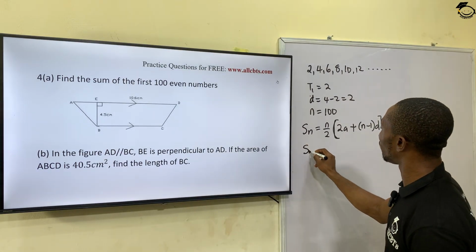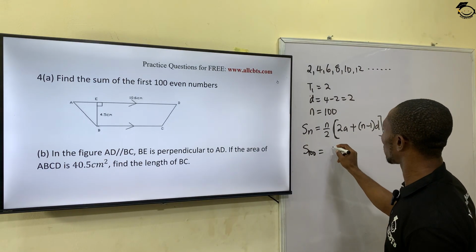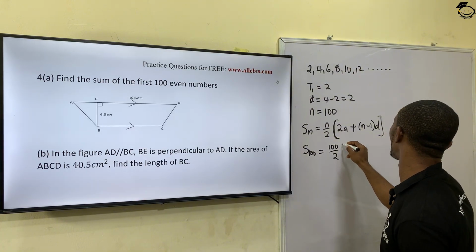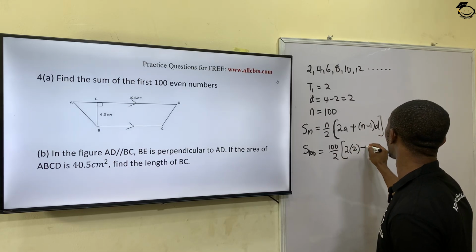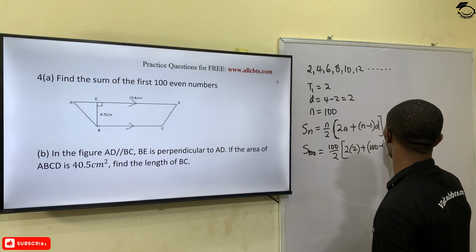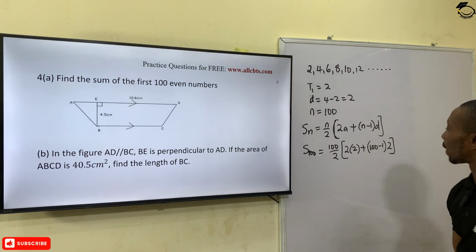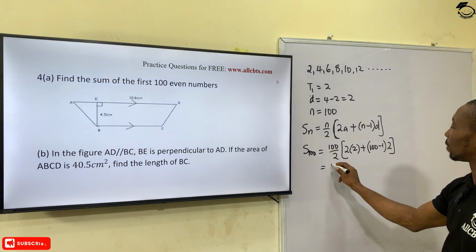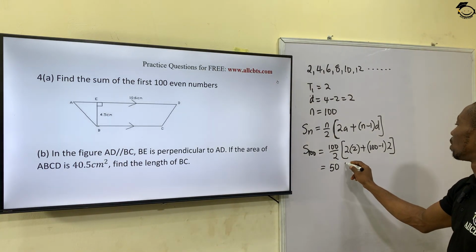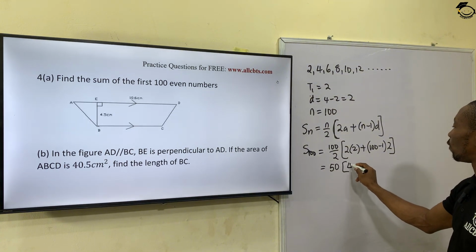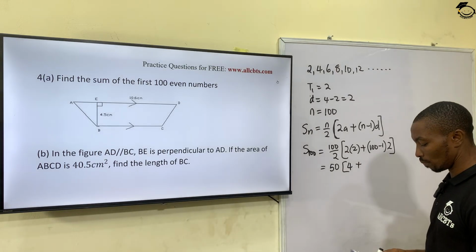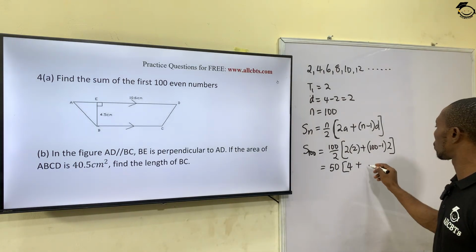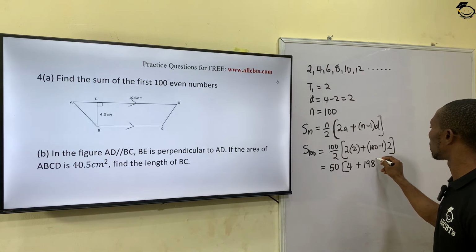So our sum of the first 100 terms will be 100 over 2, bracket 2 times 2, plus 100 minus 1, times 2. Now, 100 divided by 2 will give us 50. 2 times 2 is 4, plus 100 minus 1, 99 times 2. 99 times 2 would give us 198.